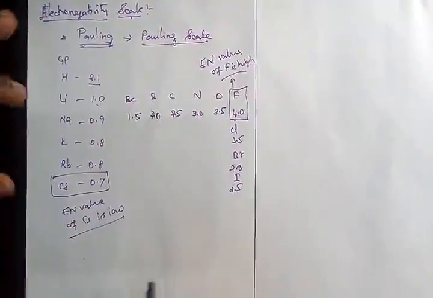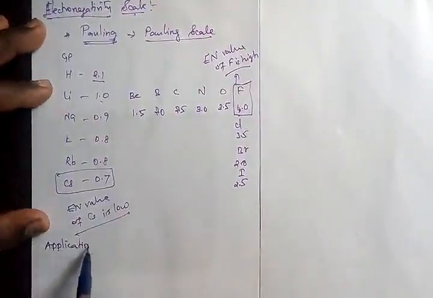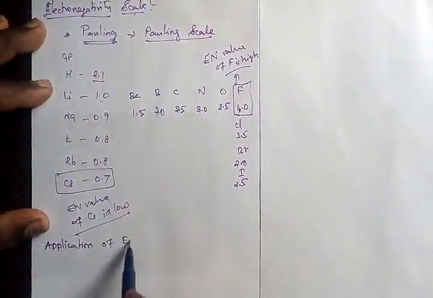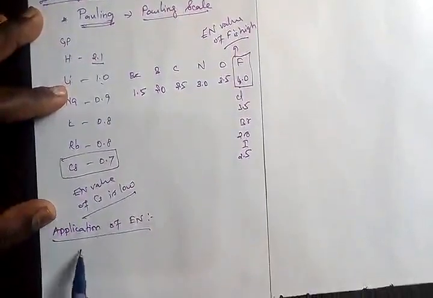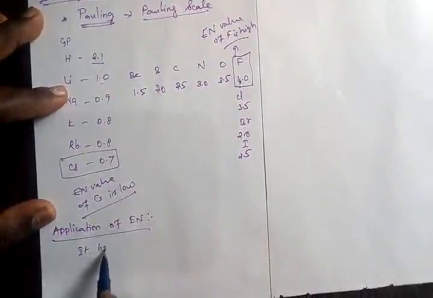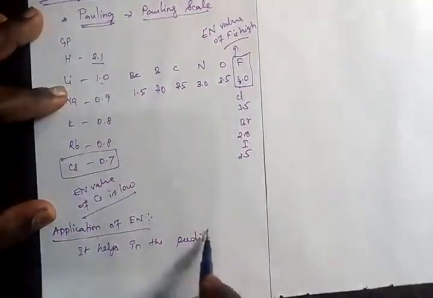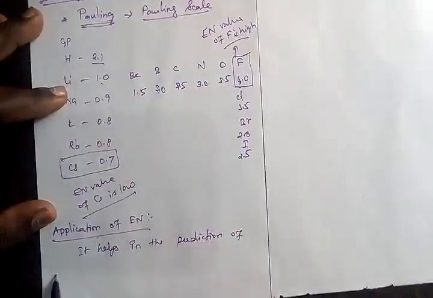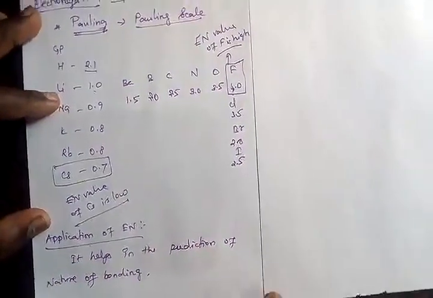And one more piece of information with this value that Pauling has identified. So what is the use of this electronegativity? We can say application of electronegativity: it helps in the prediction of nature of bonding. Got it?